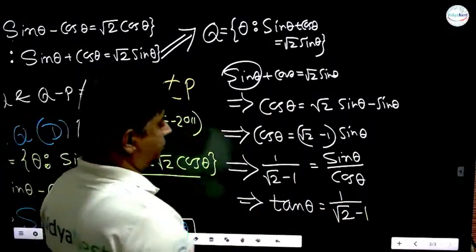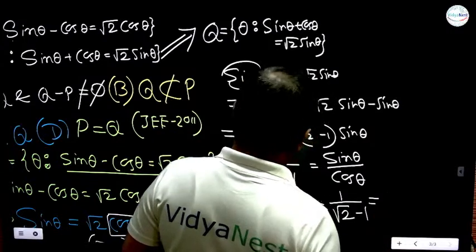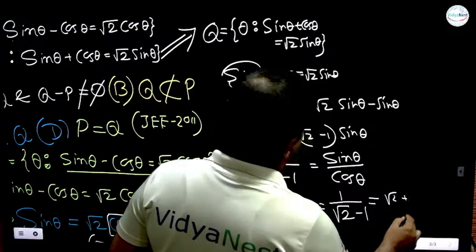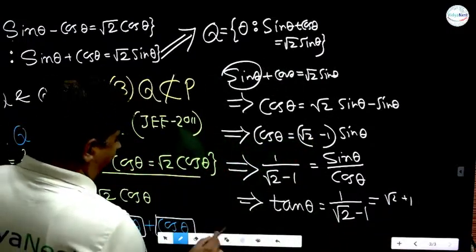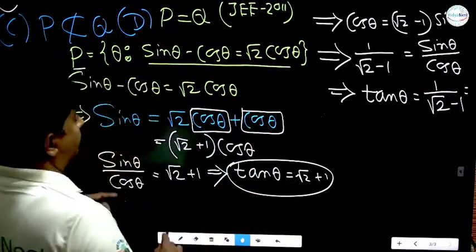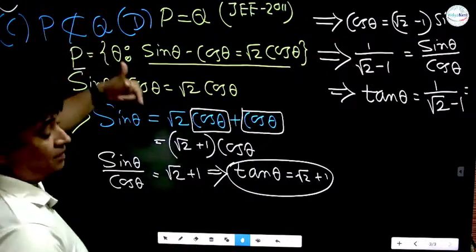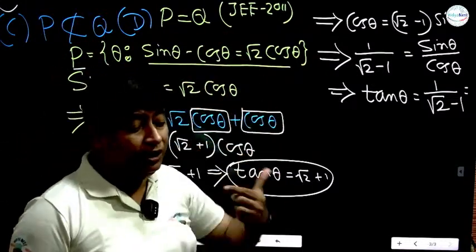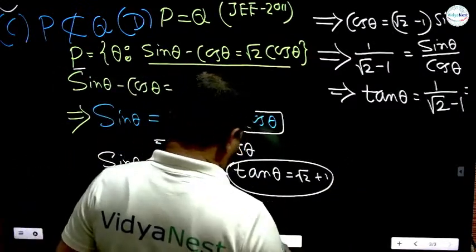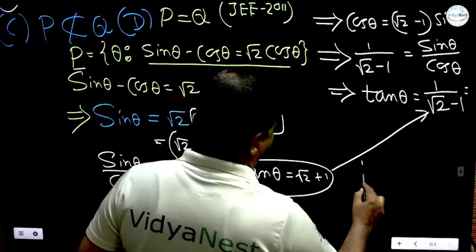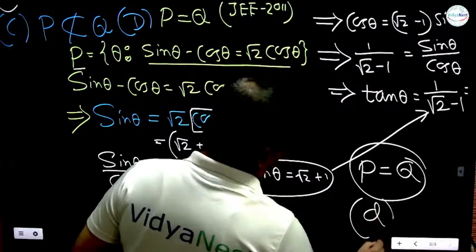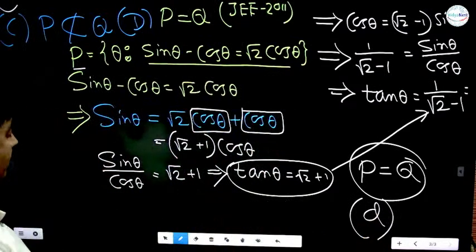Rationalize it. I have got the same value which I got from P also. Yes or no? Yes, sir. So this implies that the theta you are choosing from P as well as from Q are the same. So what conclusion can I draw? If I join this, I can get P is equal to Q. That implies option D. Okay, option D is correct.